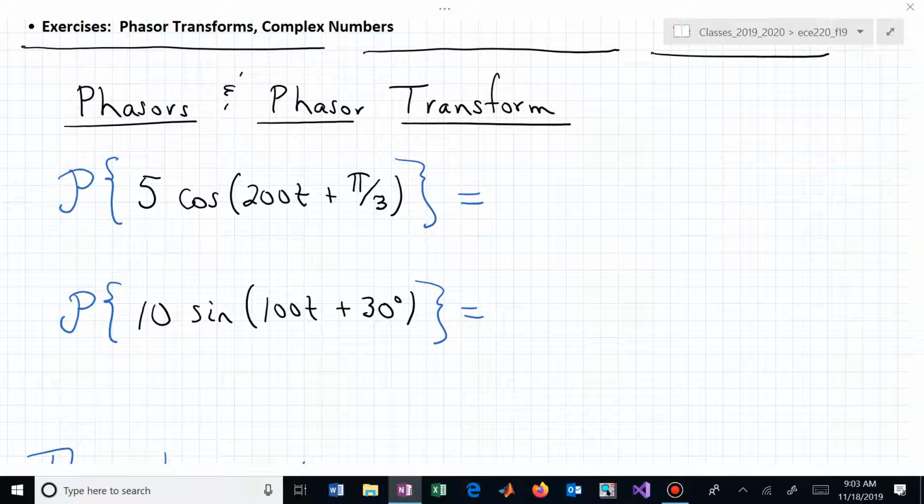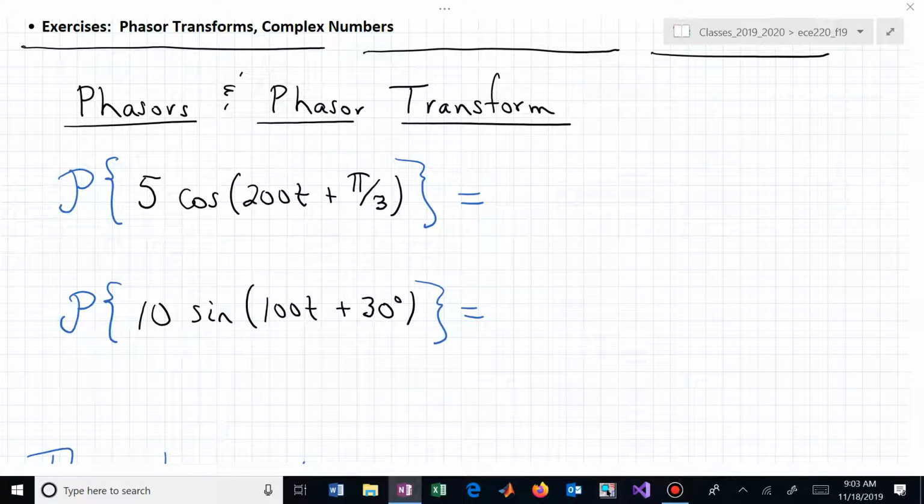So here's our Phasor transform. If you are now presented with this time domain waveform, here we have 2, but let's start with the first one. 5 cosine of 200t plus pi over 3. And that pi over 3, if you're not used to seeing that in radians, I've picked it conveniently. 180 divided by 3, that's 60 degrees.